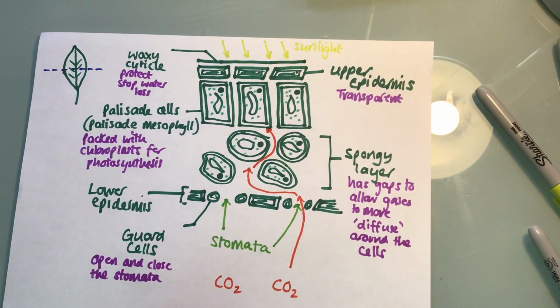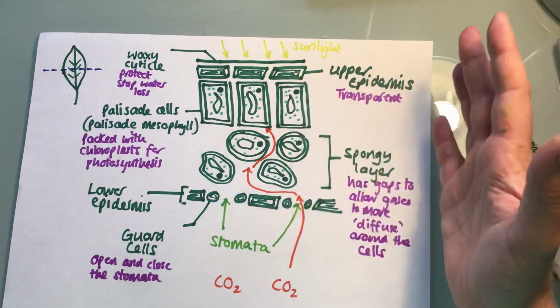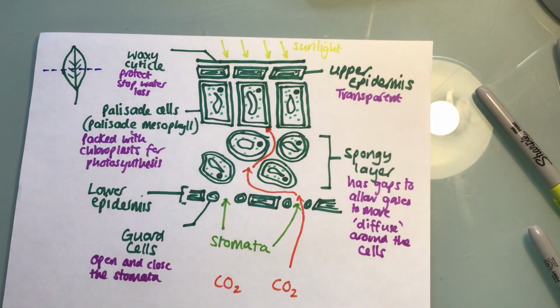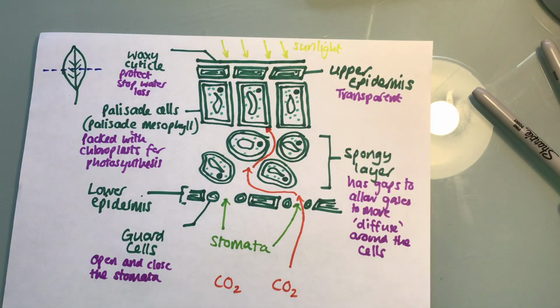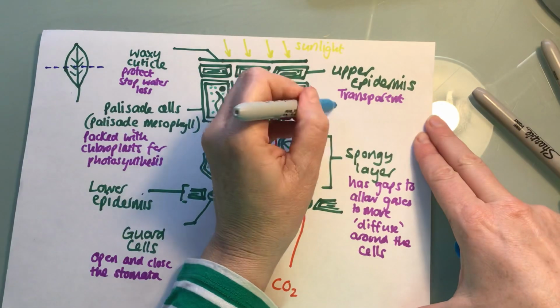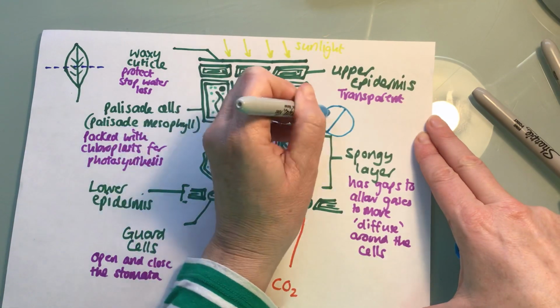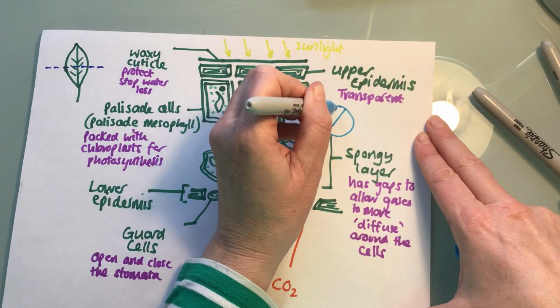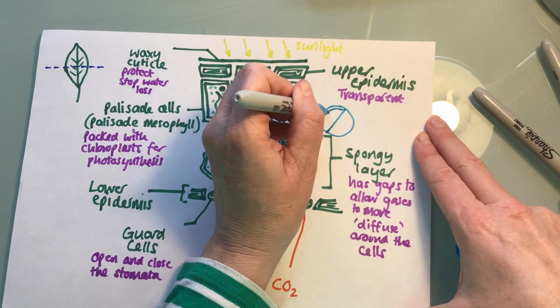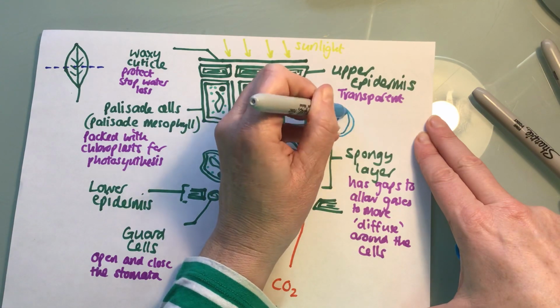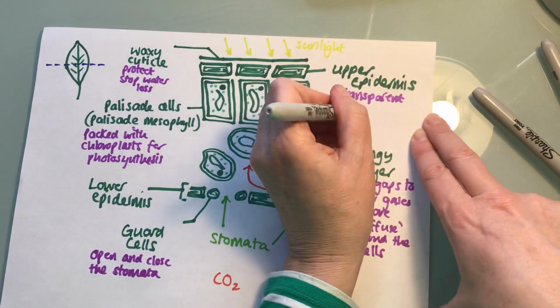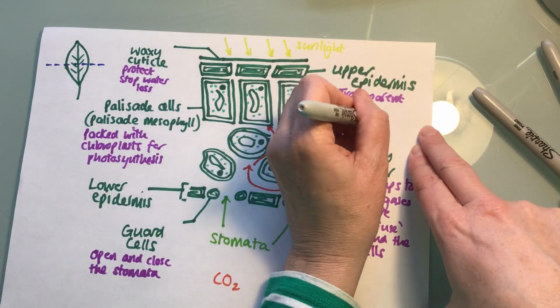At the same time that this is happening, we've actually got another structure in here called the transport tissue. So there'll be another cell that might be around about here, and this can transport the water. So this will be the vein of the leaf.